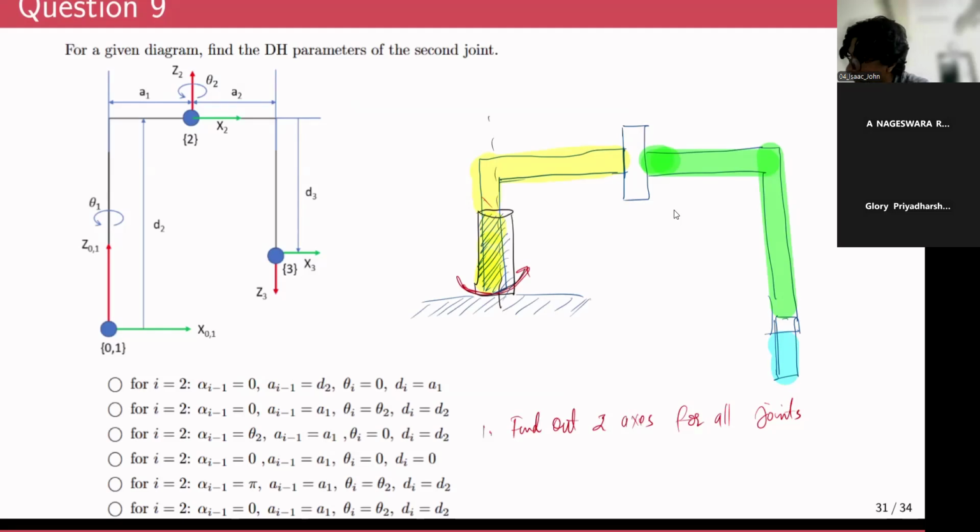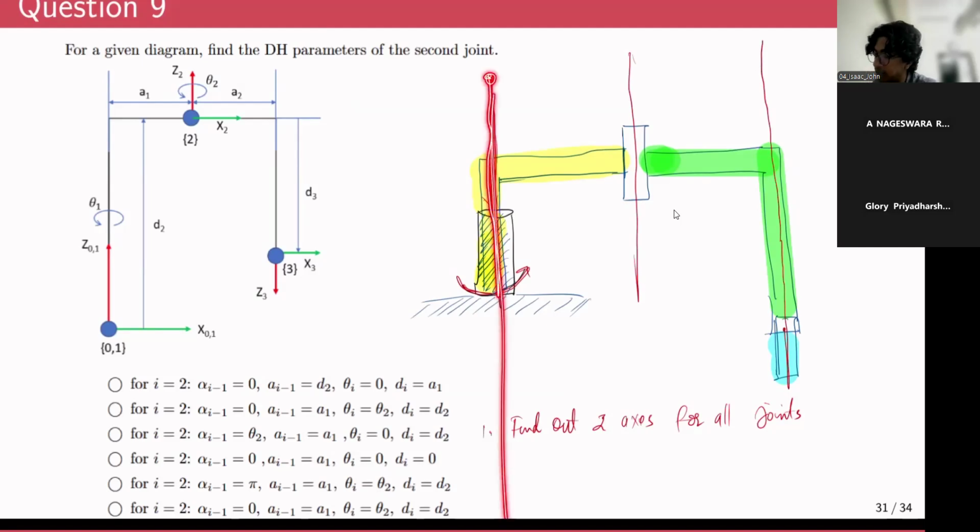The direction of the first joint is vertically upward along this axis. The direction of the second joint is also vertically upward, along this axis. And the third joint is also along this axis. So you can fix the first Z1 axis anywhere along the line of rotation, or along the axis of rotation.